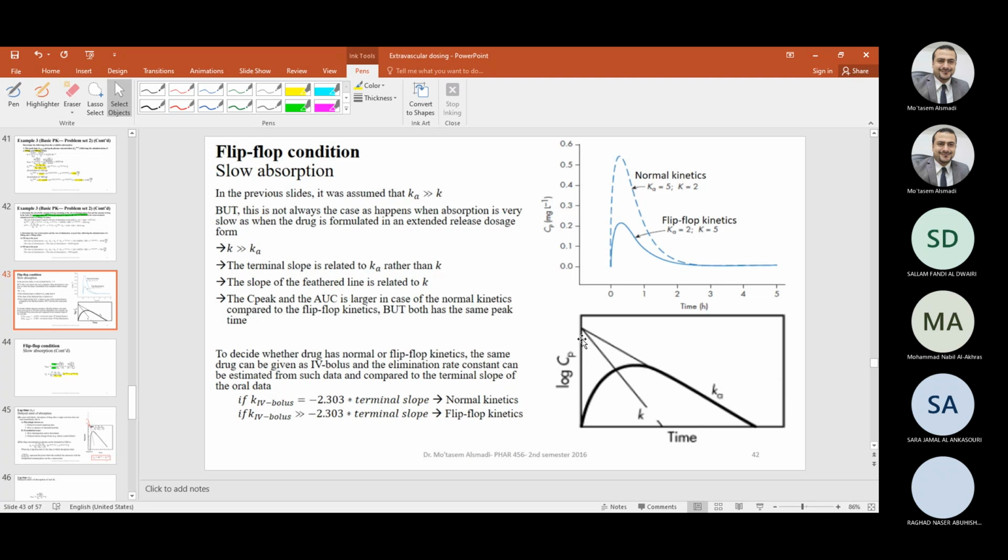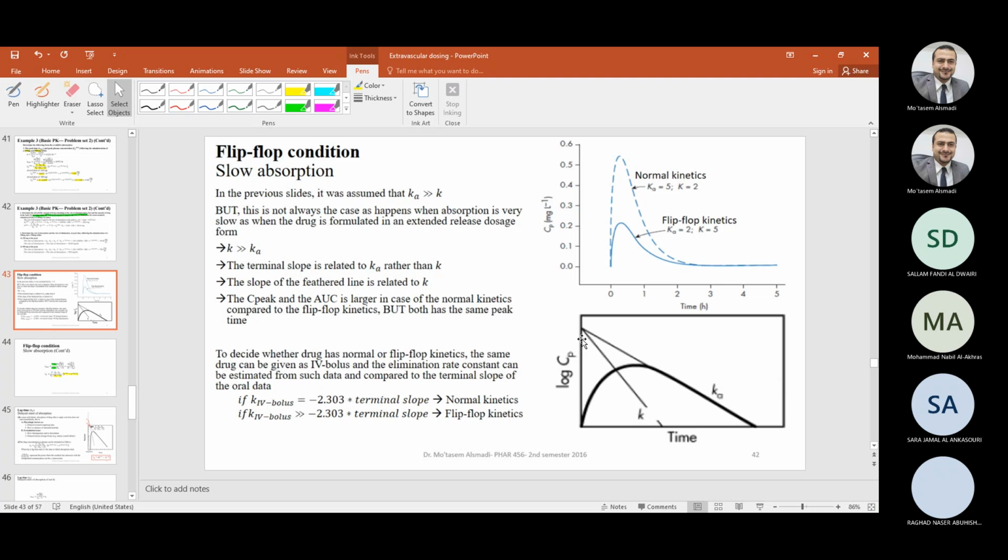Okay. Let me remind you that you have a previous chapter, the IV bolus. With IV bolus, you can get what? The K or the Ka? With the drug given intravenously, you get the K. So you are sure that the parameter that you get from the IV is the K. So there is no doubt, right?